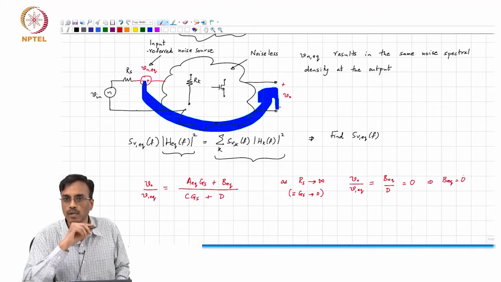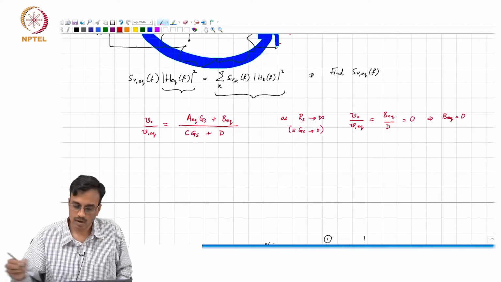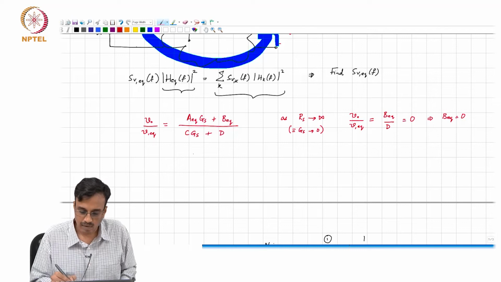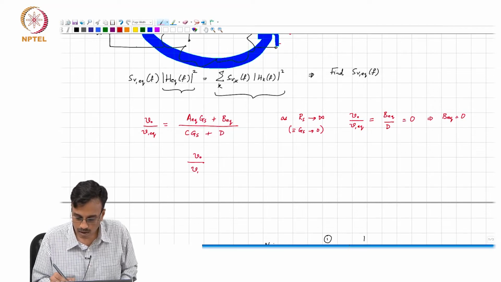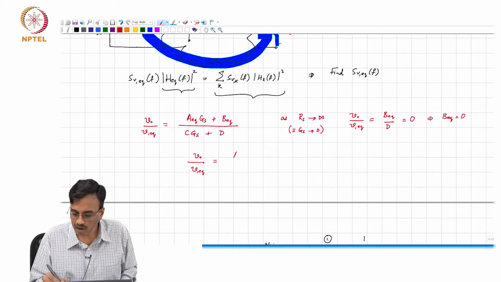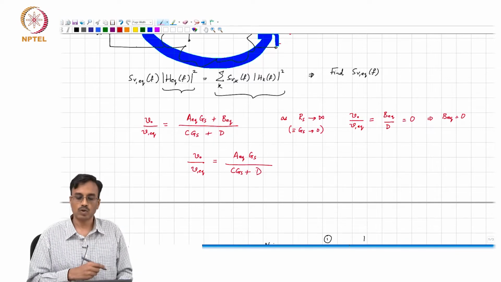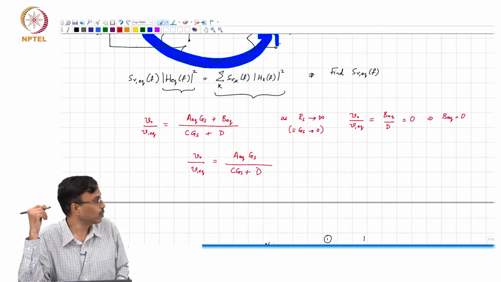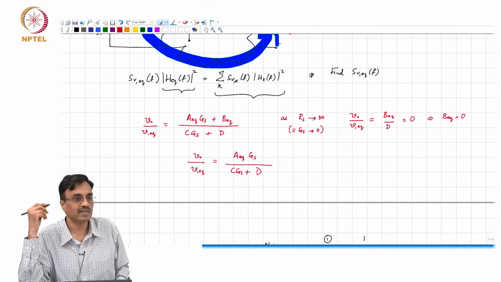Is this clear? So while VO by V equivalent is of the same form, what we need to understand is that B equivalent must be 0. So this must be of the form A equivalent GS divided by CGS plus D.